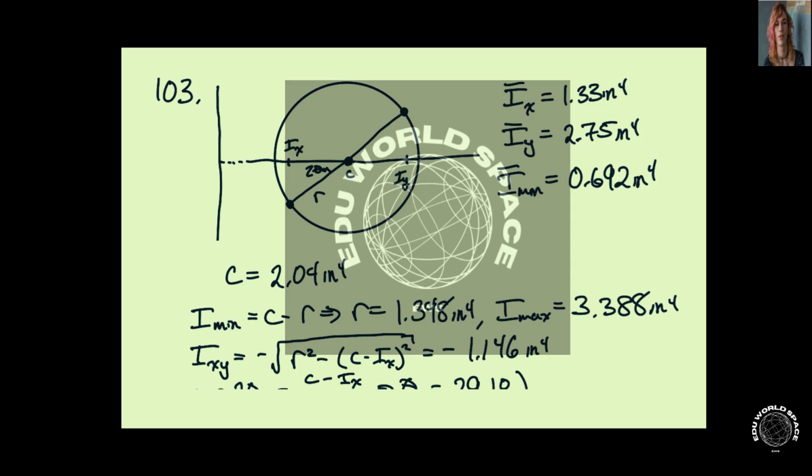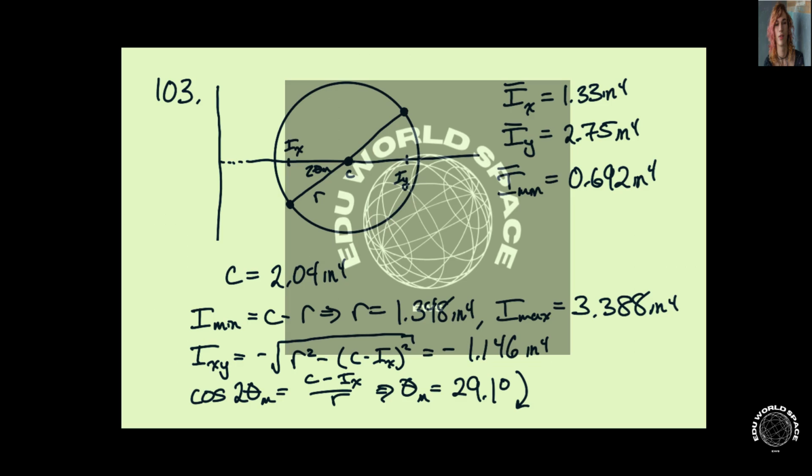And we can then also find out what this angle is. We can use various triangles here to get that. We can say cosine of 2 times theta m is this distance here divided by the radius, and we wind up with that theta m is 29.1 degrees.